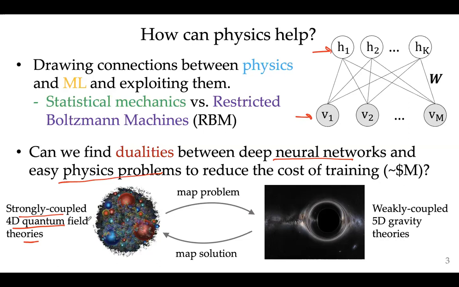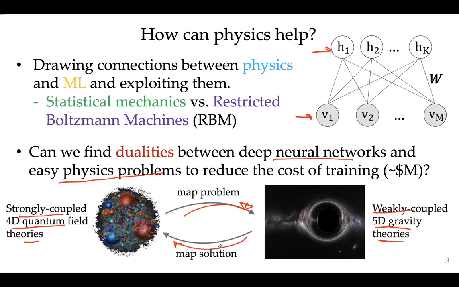So what physicists do is they map the problem to another problem, which is weakly coupled. Weakly coupled means it's solvable, but that model is a gravity theory in 5 dimensions. So solve the problem there, and then map the solution back.